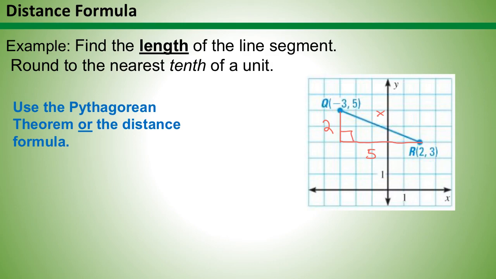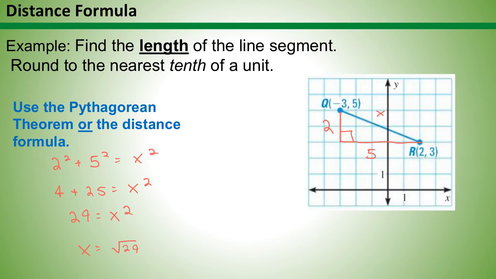So if this is a right triangle, I know that 2 squared plus 5 squared is equal to x squared. Okay, so I have 4 plus 25 is equal to x squared. So that means that 29 is equal to x squared, and x is going to be root 29, okay?